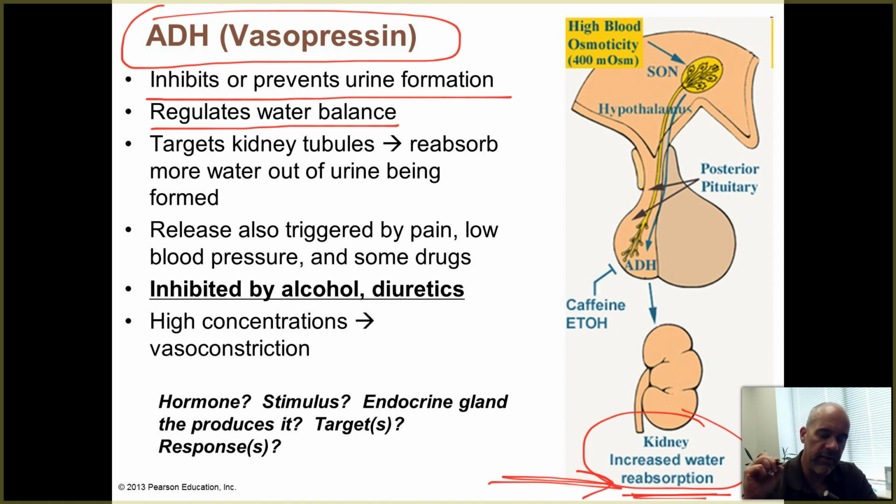When we study the urinary system at the end of the semester, you'll see this term reabsorbed quite a bit. That means that the water in the urine that's developing in the kidneys gets reabsorbed back out into the tissues of the kidney and then on back into the blood vessels passing through those tissues. Always keep in mind in this class, fluids move from compartment to compartment. That's a very important concept.